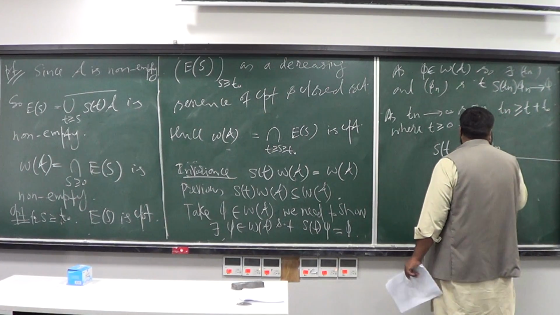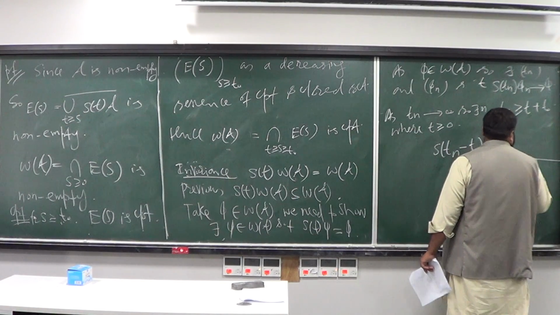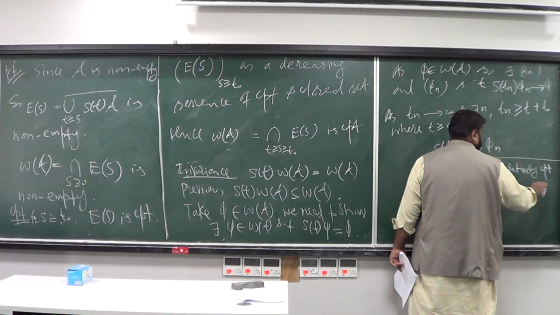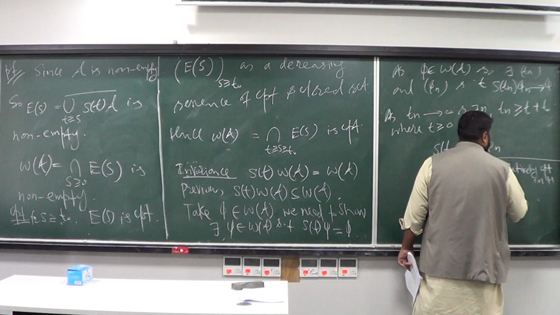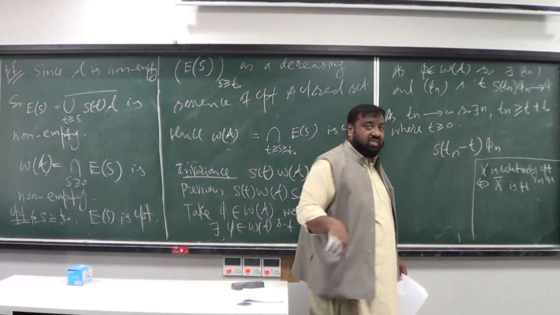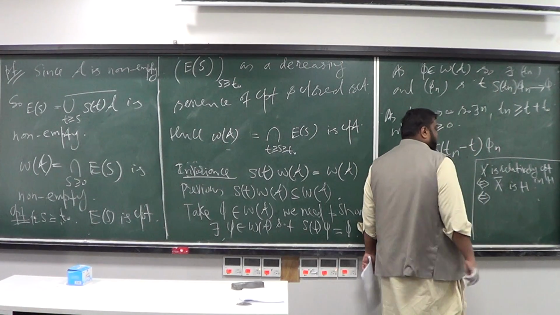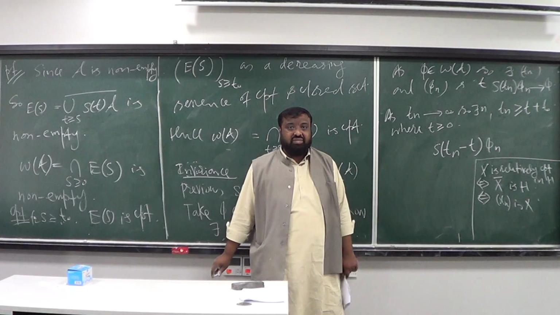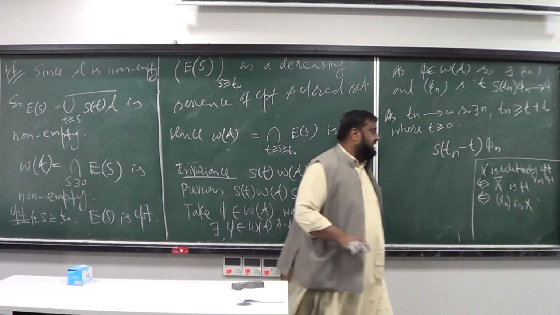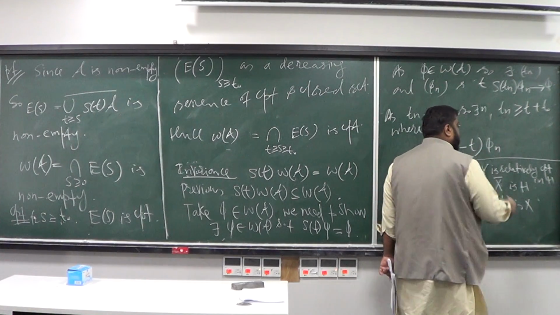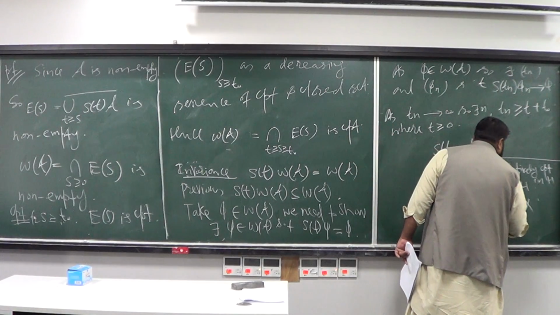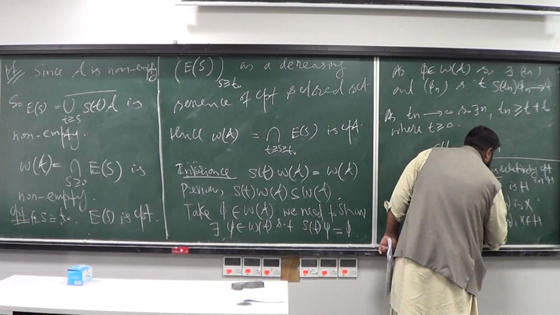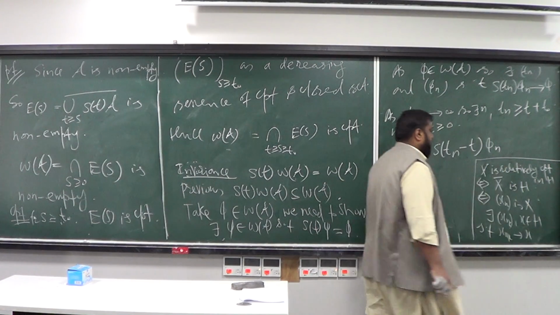So you're going to say that X is relatively compact if and only if, first of all, the closure of X is compact in H norm, and this is equivalent to the case that if you take any sequence x_n in X, you can always find a convergent subsequence x_{n_k} and a limit in H such that x_{n_k} converges to it.